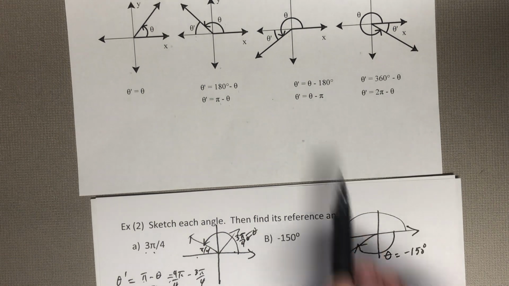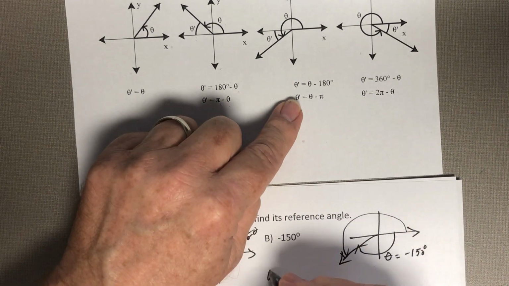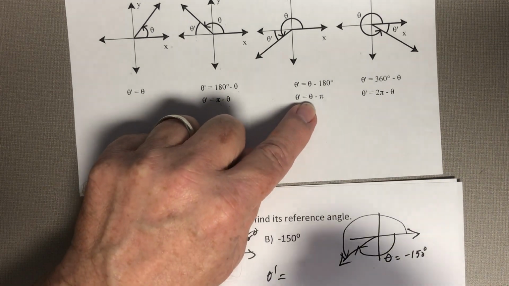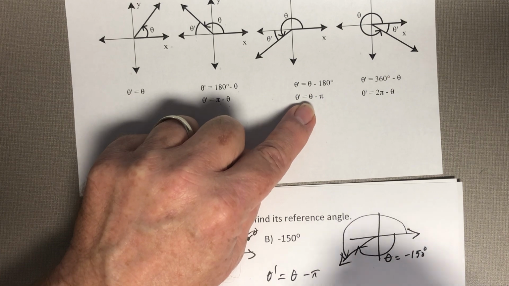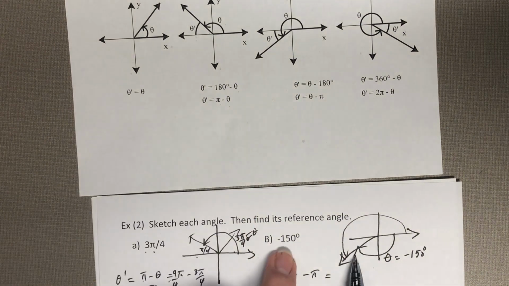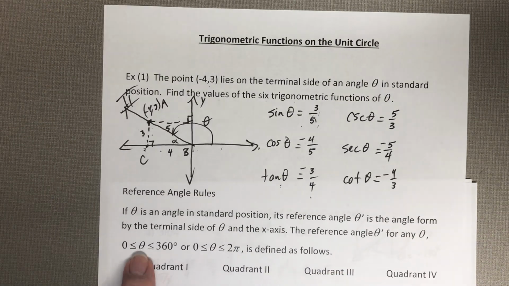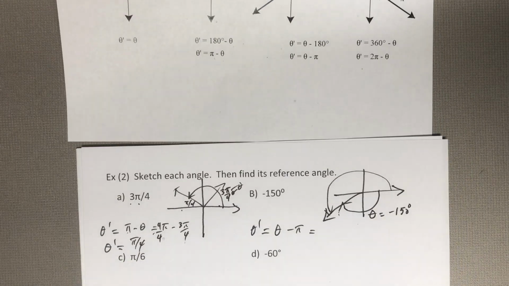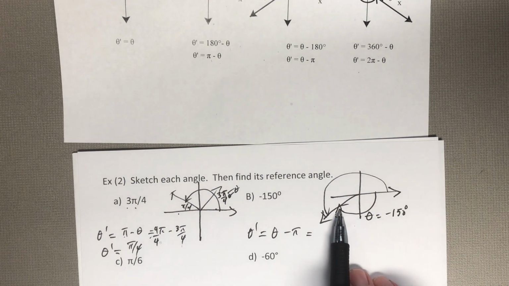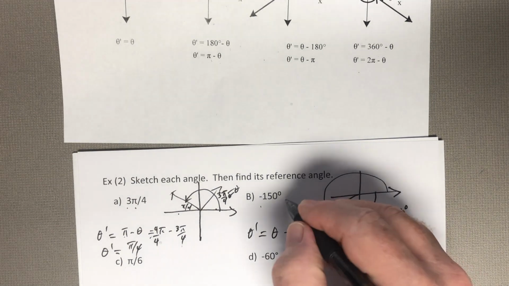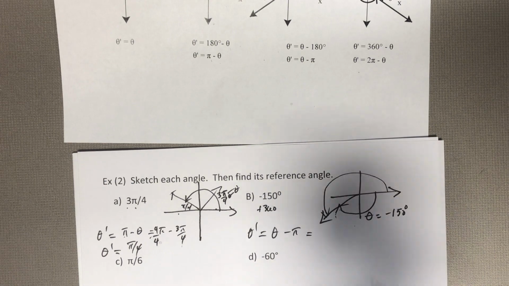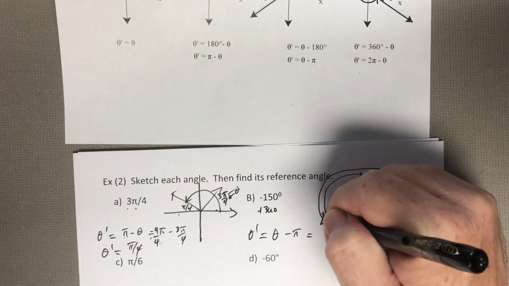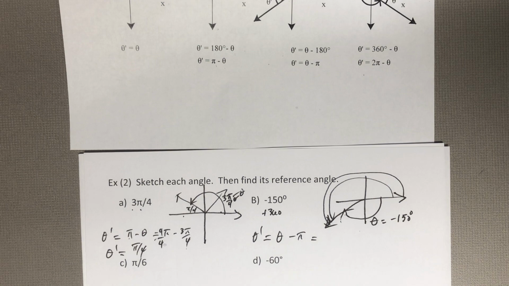My rules say that if it's in the third quadrant, theta prime would be equal to theta minus pi. Well, theta has to be positive, because it tells you over here that for any theta, theta is between 0 and 360, and -150 is not between 0 and 360. So we're going to find the coterminal angle by adding 360 to that, so that theta's positive.